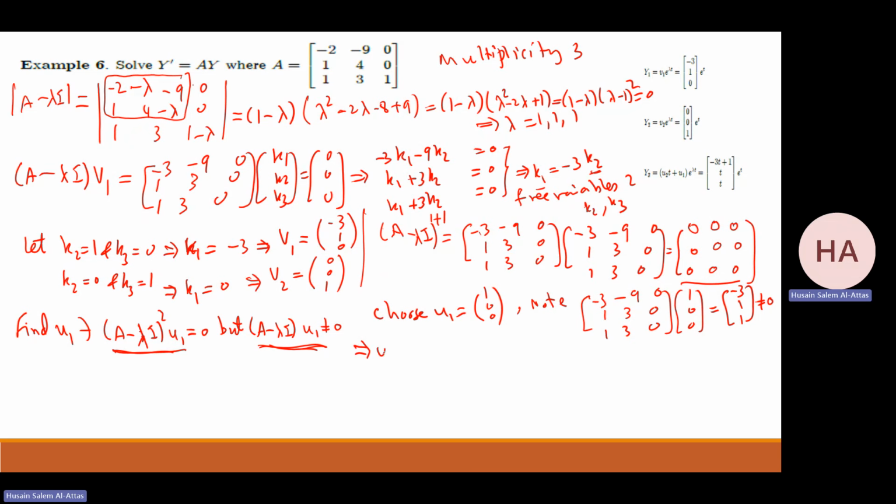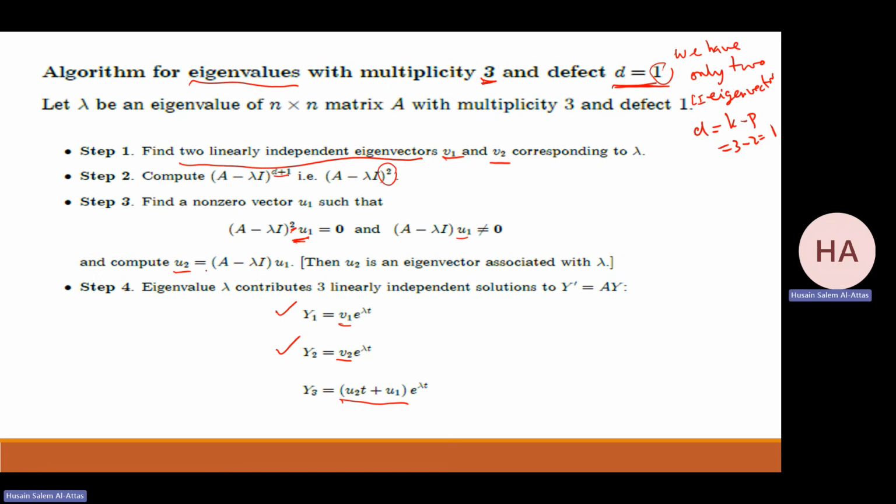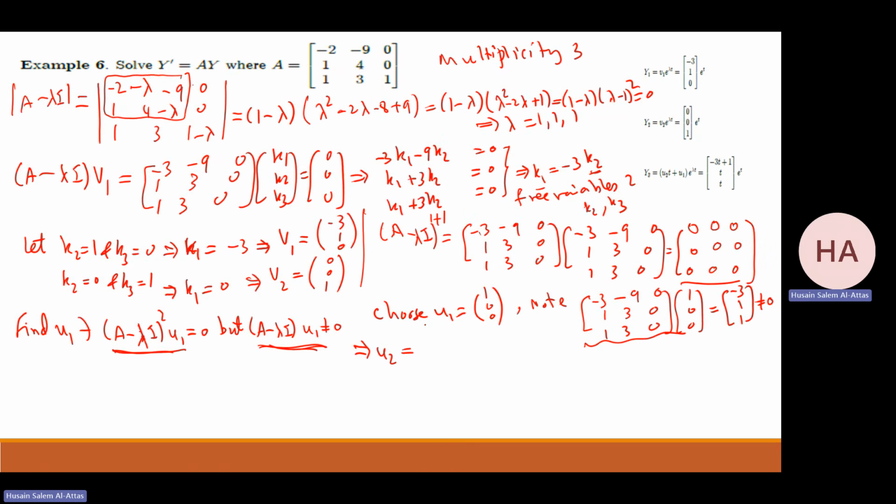What will be my U2? U2 is A minus lambda I times U1, which I did. So U2 will be minus 3, 1, 1. That will be my U2. Okay, solutions. X1 equals V1 e to the lambda t.